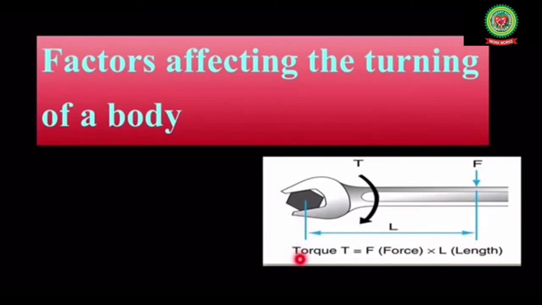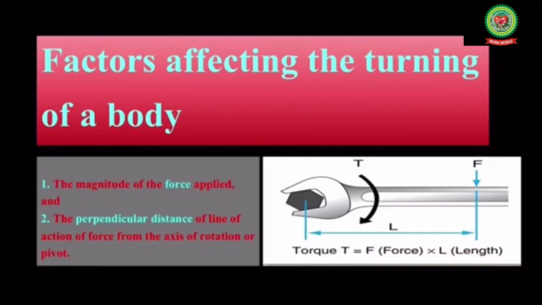According to this formula, torque is equal to force times the perpendicular distance of the line of action of force from the axis of rotation. That is why torque depends upon these two factors. The first factor is the magnitude of the force applied, and the second factor is the perpendicular distance of the line of action of force from the axis of rotation or pivot.